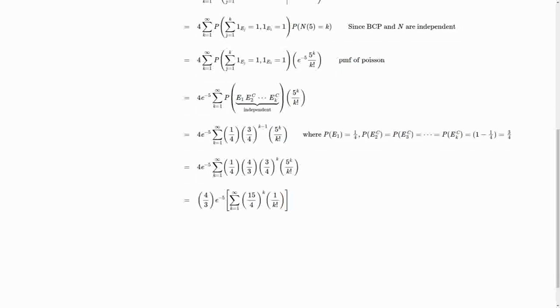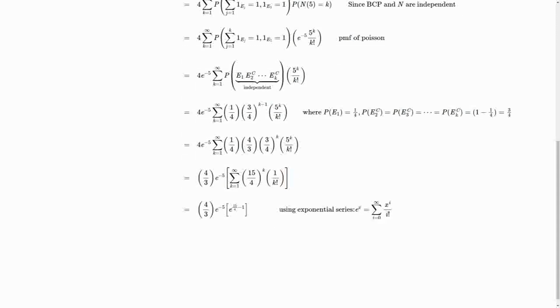What we can do is bring the 3 and the 5 together and then multiply by another 3 and divide by another 3 and get 15 to the k, and then we can handle the fours, and we can see we have 1/4 to the k minus 1 and then another quarter. So we're left with (15/4)^k times 1 over k factorial, then that's all summed, k is equal to 1 to infinity, and multiplied by 4/3 e to the minus 5.